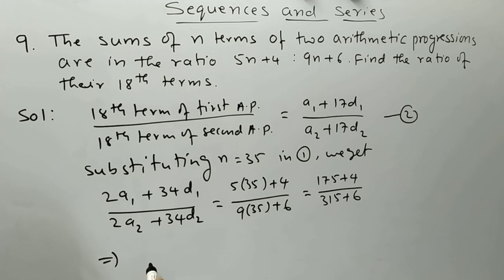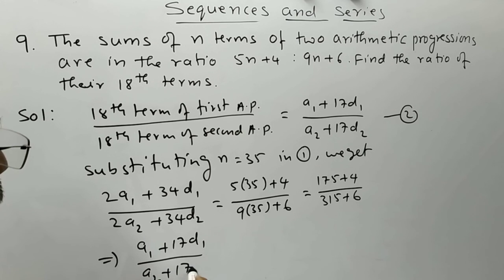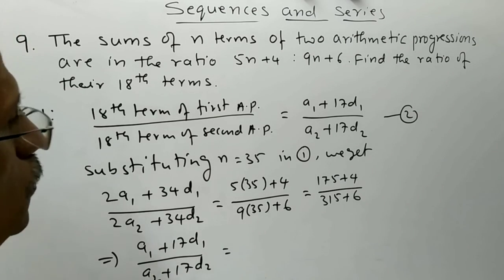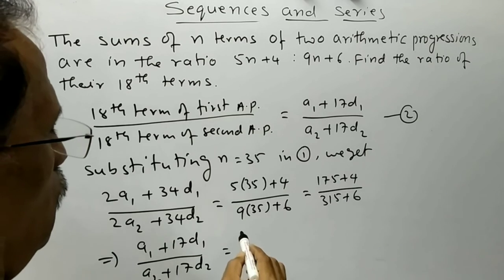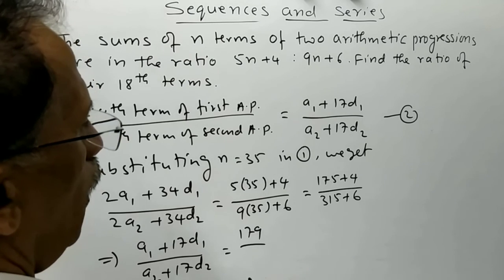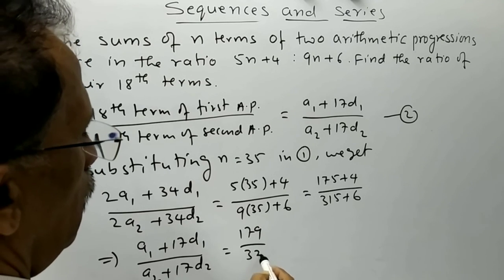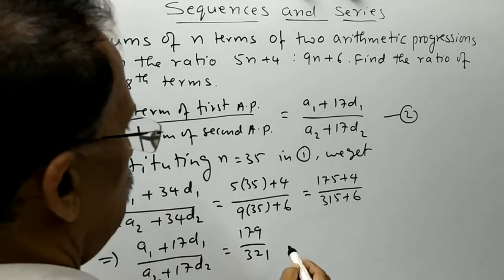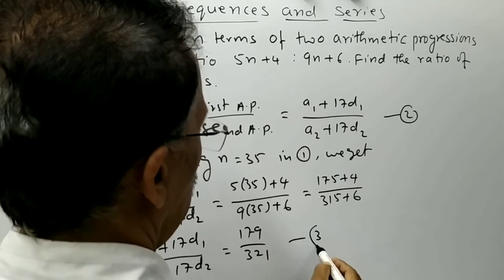Implies a1 plus 17d1 divided by a2 plus 17d2 is equal to 179 divided by 321. Say number 3.